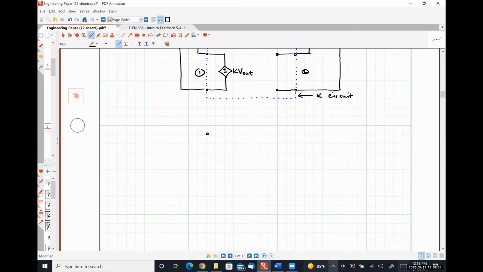Looking into the input terminals, we have our input resistance with feedback.